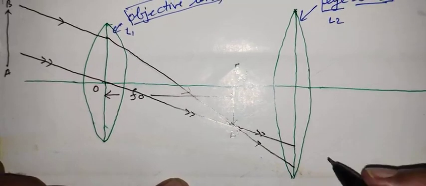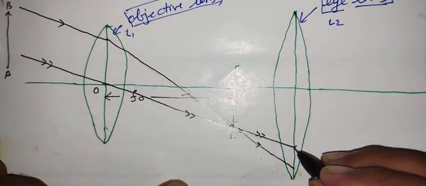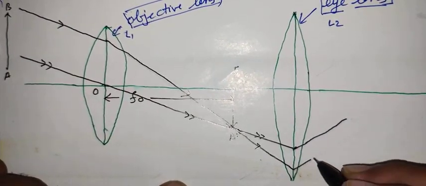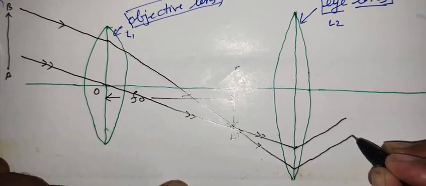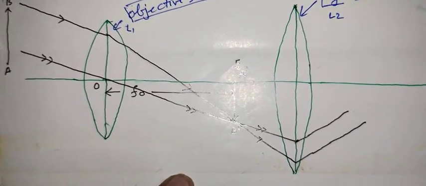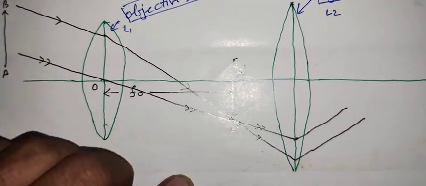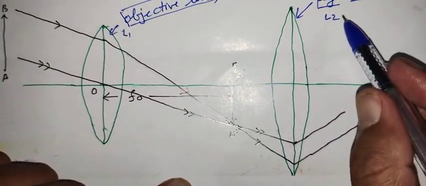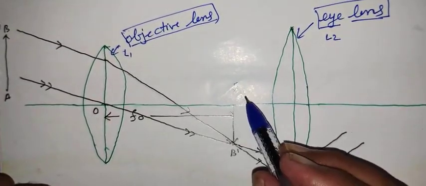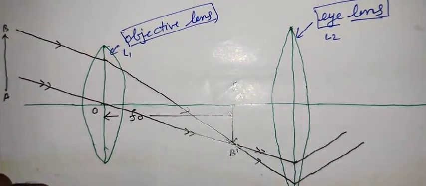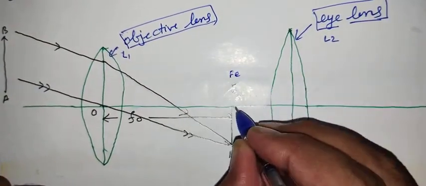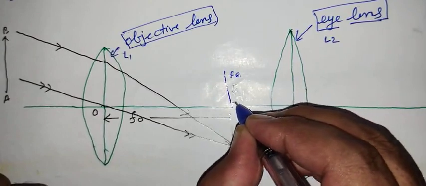After refraction, see the condition in which way they are refracted. The position of the eye lens is kept in such a way that A', FO, and the focal point of the eye lens all coincide at a common point.